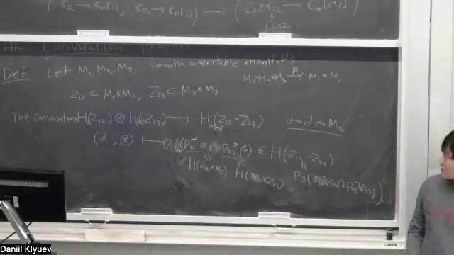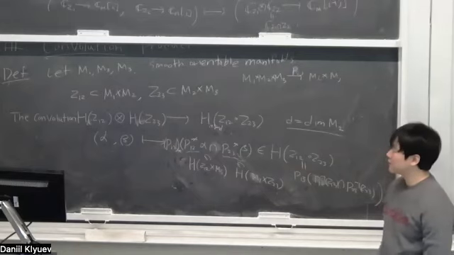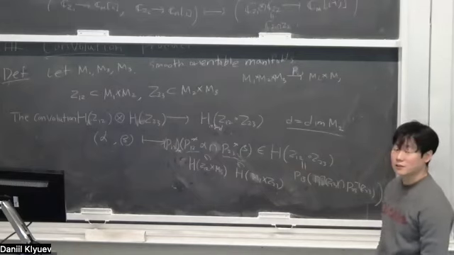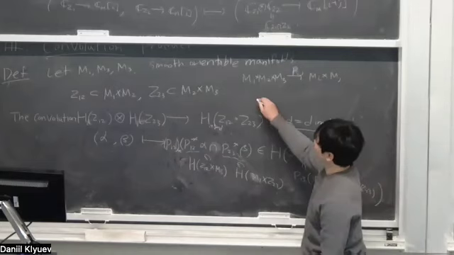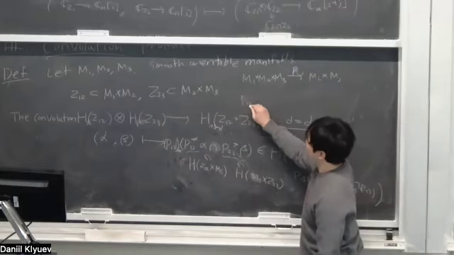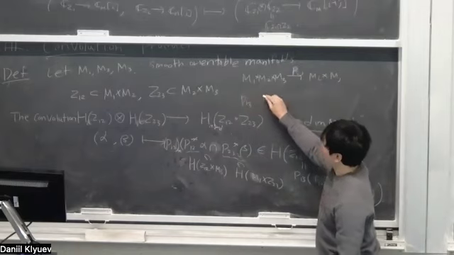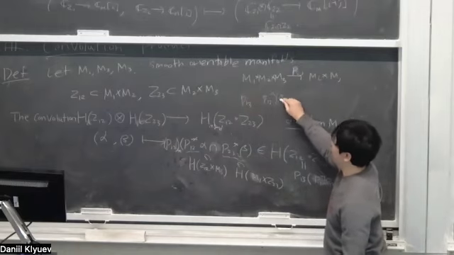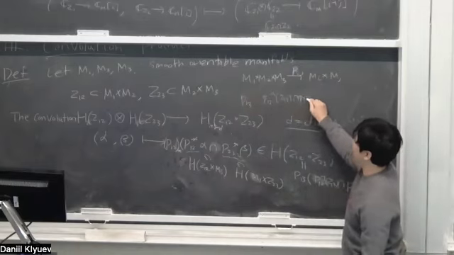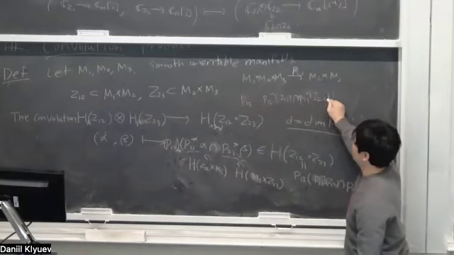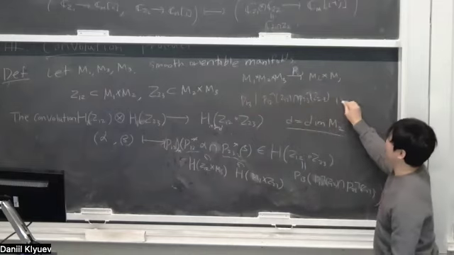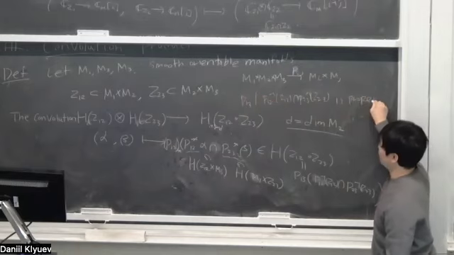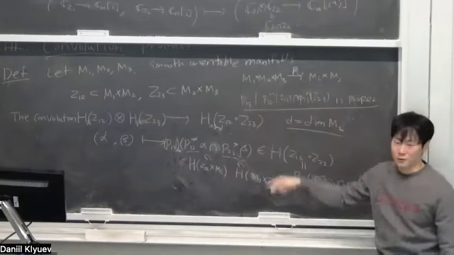And here we assume that P13 is proper when restricted to P12 inverse C12 intersection P23 inverse C23. This is a necessary condition to define the convolution product.